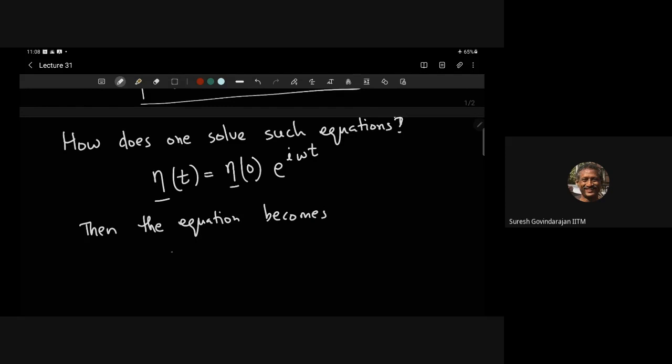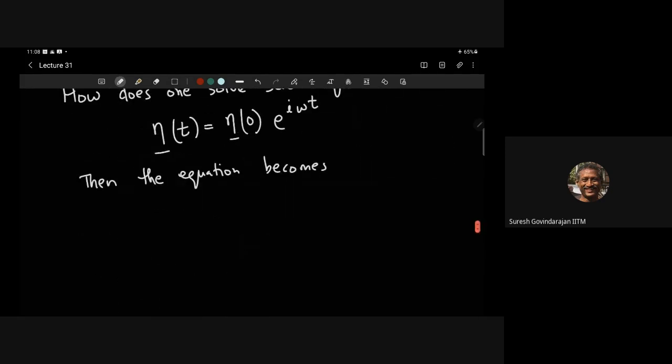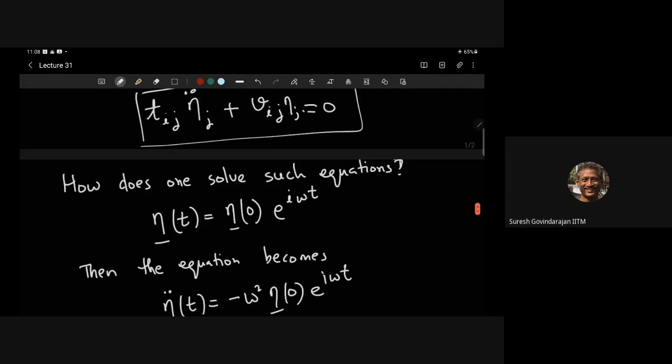Eta double dot of t will be minus omega squared eta 0 e power i omega t. It's a standard method of solving these equations. Of course, it's a second order equation. There will be two solutions, and we have to take linear combinations. All those things are true, but I'm just writing out something.